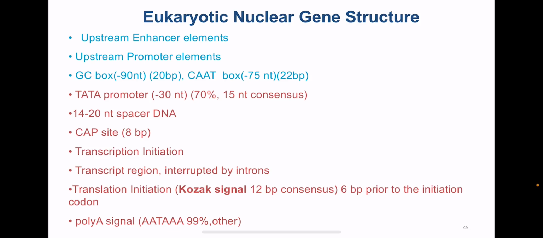Unlike prokaryotes, when we are terminating transcription, we add poly A tails, not in all RNAs, but in most mRNAs, right? We add a poly A, like A, okay, and A is called adenine. So in this case we call it adenylation.